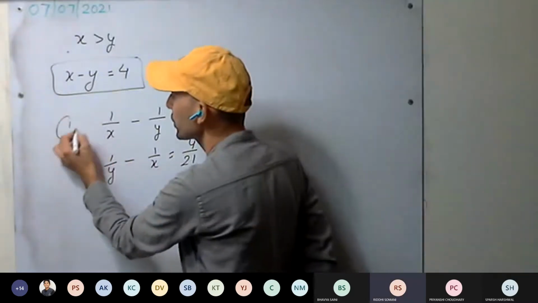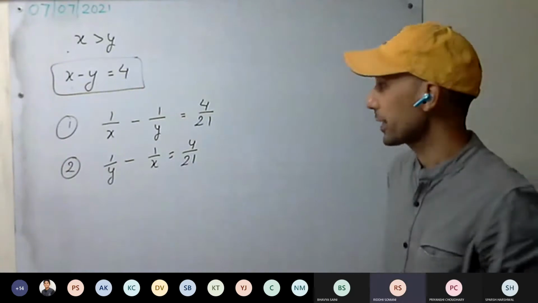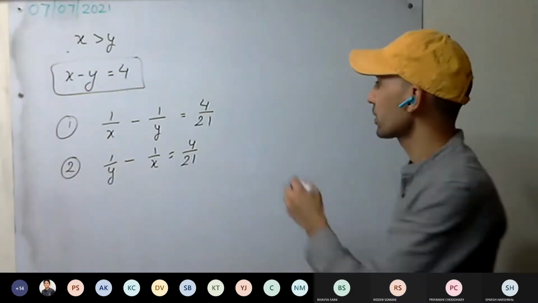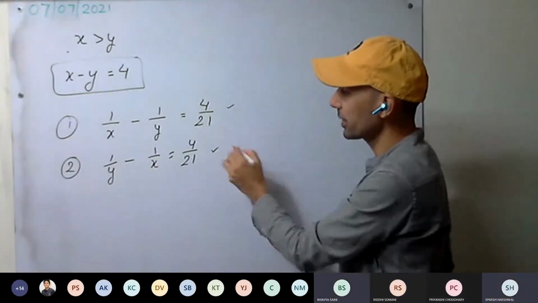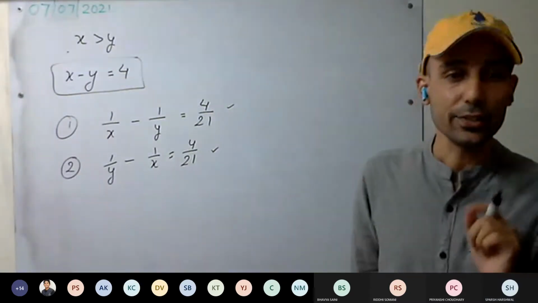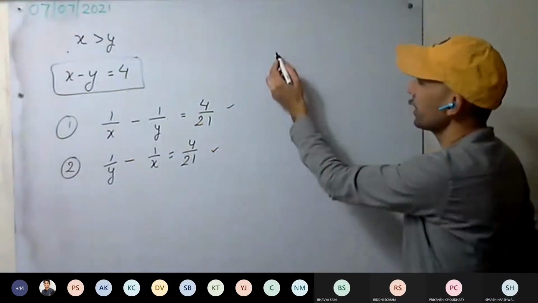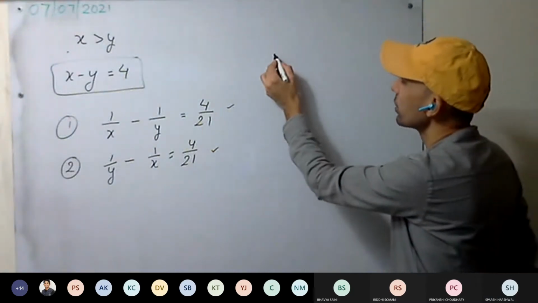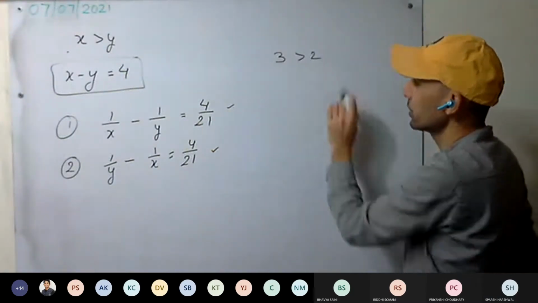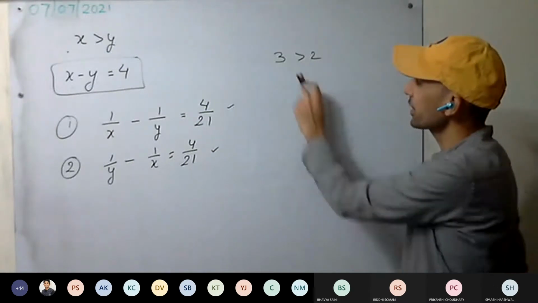This is our first equation. This is our second equation. First or second? Some are saying first, some are saying second. Okay, second. Now see here, what is given? x is greater than y. If I ask you, 3 is greater than 2, this is clear.